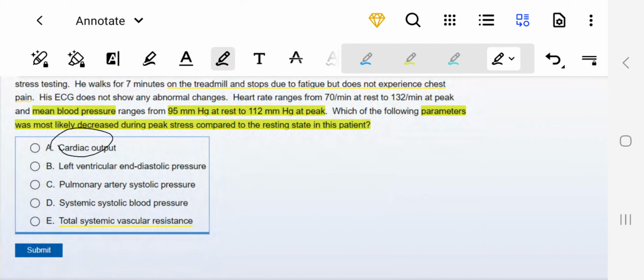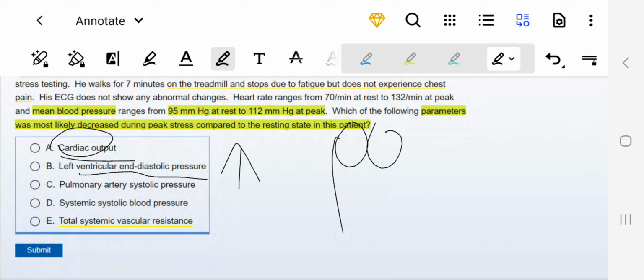Cardiac output in case of exercise is increased. And left ventricular end diastolic volume is also increased, because of peripheral vasoconstriction there will be more blood flow coming from the periphery to the heart. So the end diastolic volume will be increased.